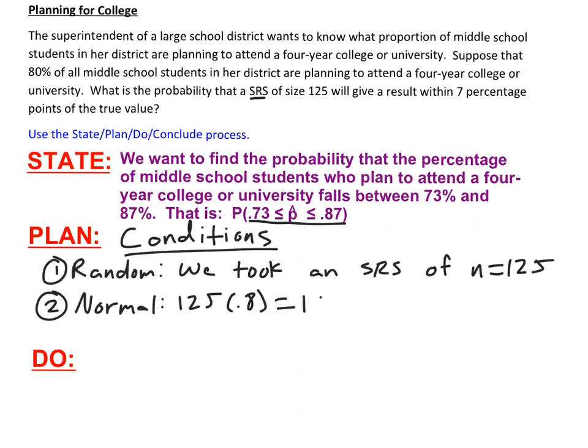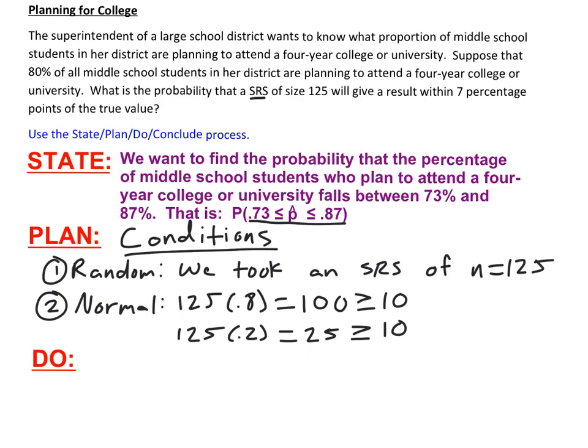That's 100, which is obviously at least 10. 125 times 0.2, that's at least 10. So under the do step, when I go to make this calculation, we can use the normal CDF.